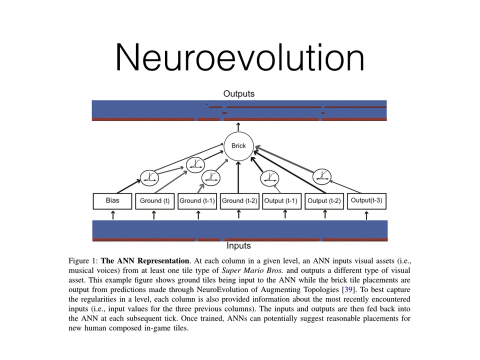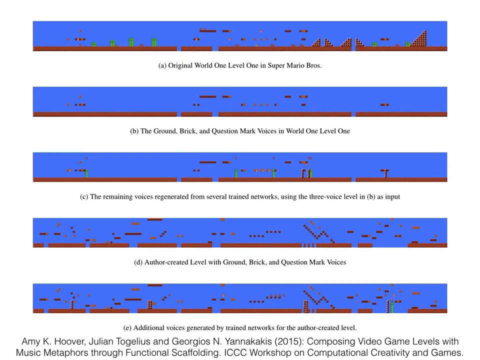This worked to some extent. It suffers from a lack of data, of course, and there were possibly other problems here as well. So the output was never very convincing, but I still believe that it's a fruitful perspective to see different voices of the game level as something you can predict from each other.